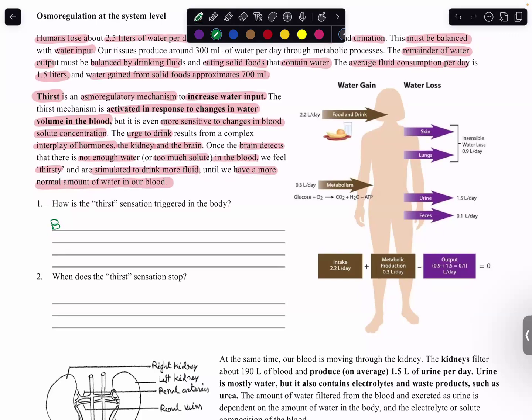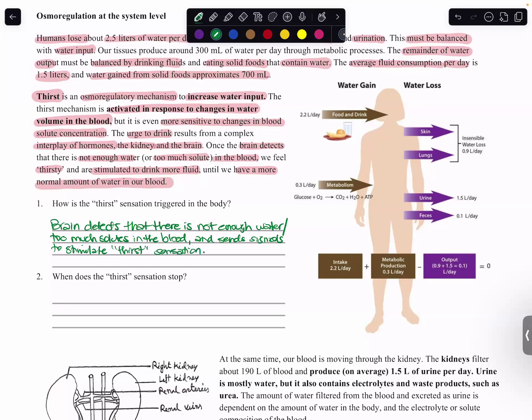Now, if we look at number one, it says, how is the thirst sensation triggered in the body, right? So the brain detects, and again, this is all coming from the reading, the brain detects that there is not enough water or too much solutes in the blood and sends signals to stimulate thirst sensation, right?